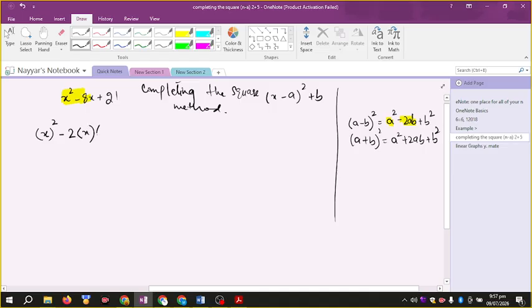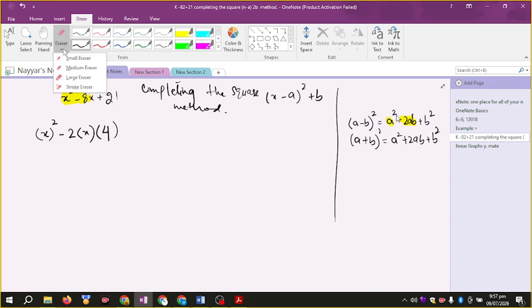So what should b be so that we can get 8x? We have 2 and x already. What is missing? 4. If I multiply 2x and 4, we will get negative 8x. So according to the identity, after this comes plus b square. So now I will write plus, I have taken b which is 4, so plus 4 square.